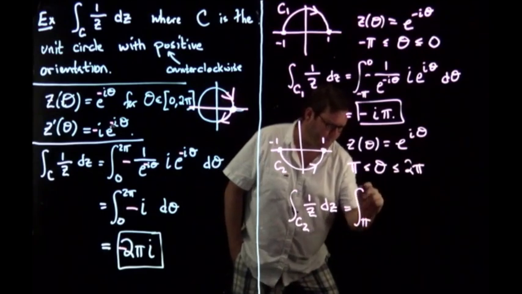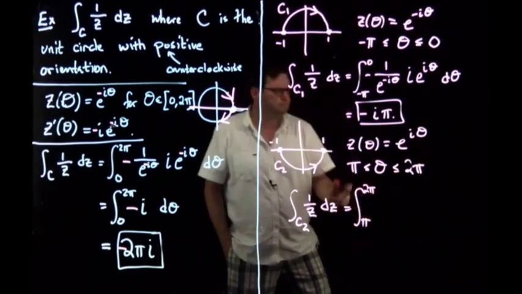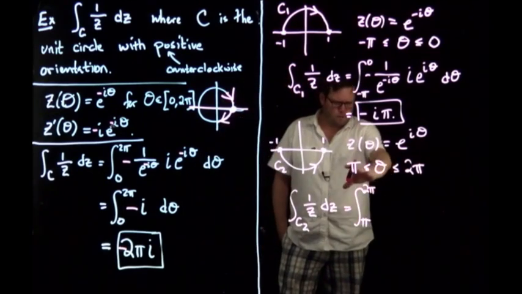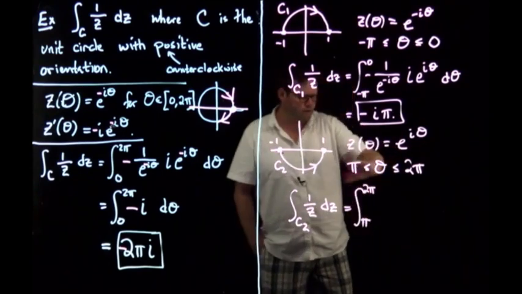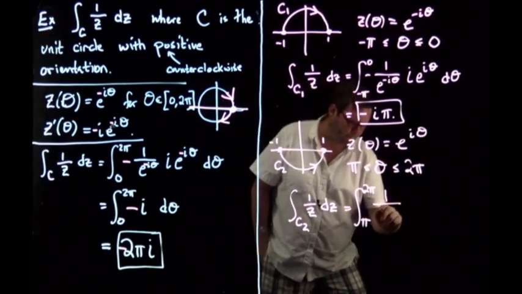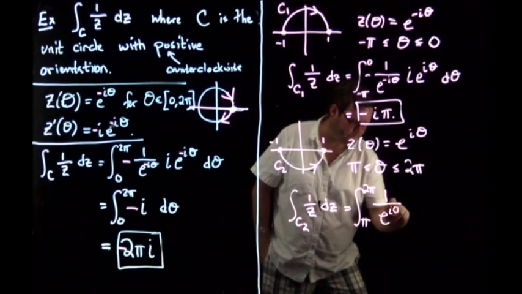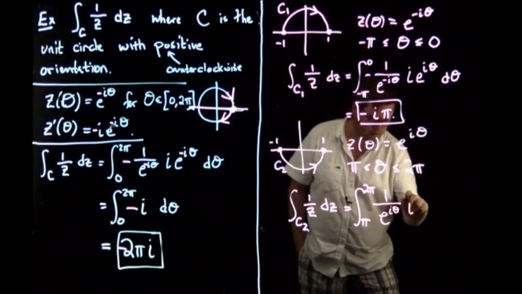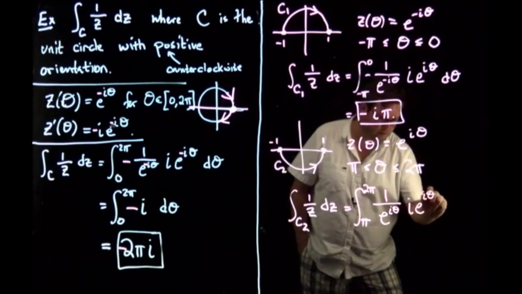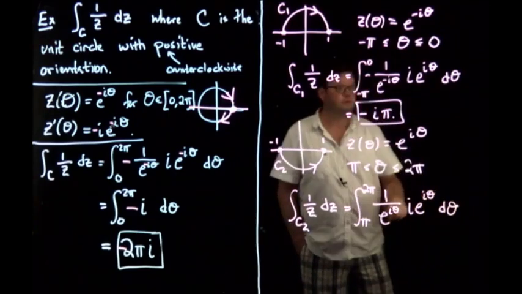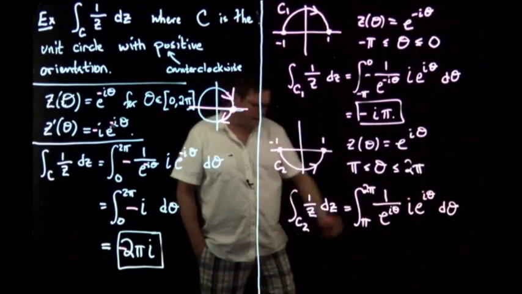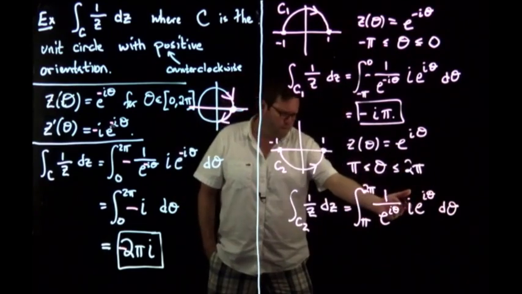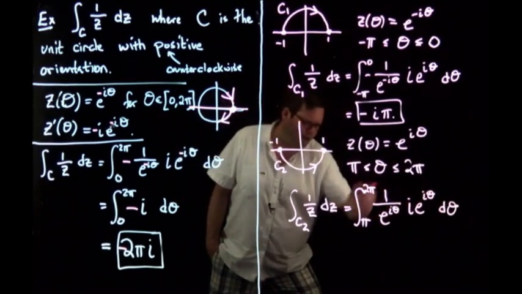Integrating from pi to 2 pi of f of z times z prime. In z prime, the i comes down. Again, the e's cancel. We're integrating the constant i from pi to 2 pi.